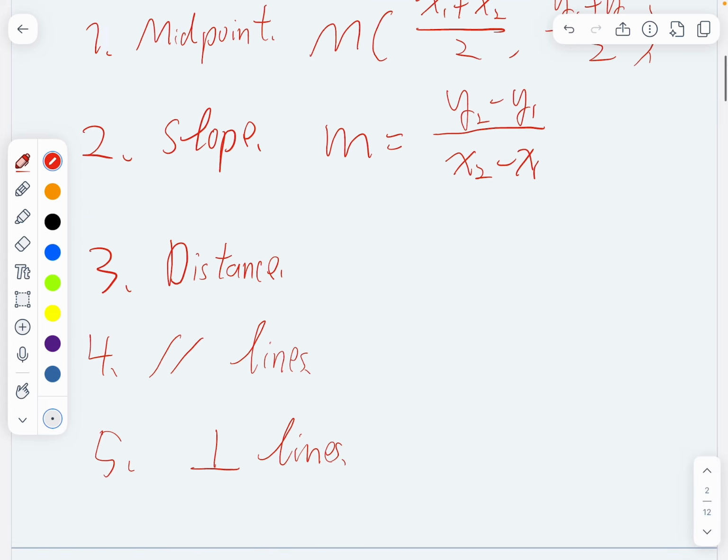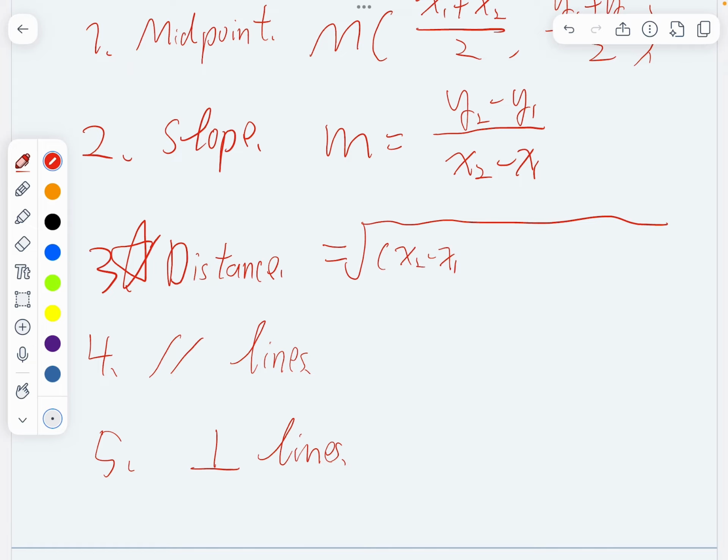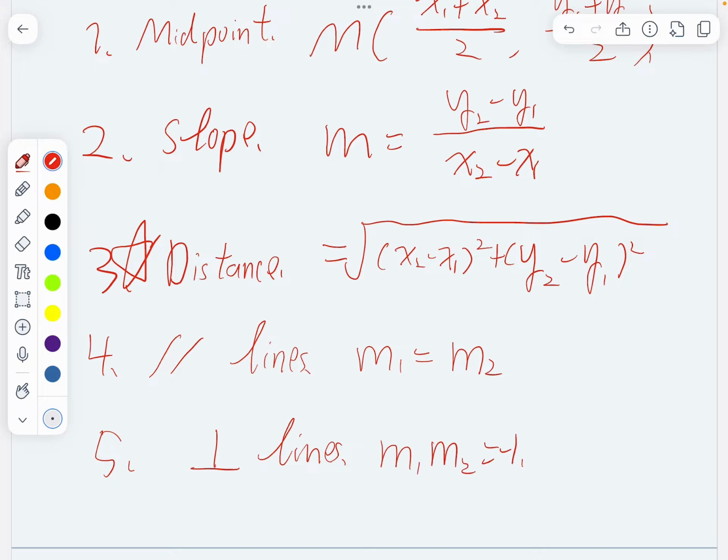For the distance, it is the square root of x2 minus x1 squared plus y2 minus y1 squared. Parallel lines have equal slopes. For perpendicular lines, m1 times m2 equals negative 1.